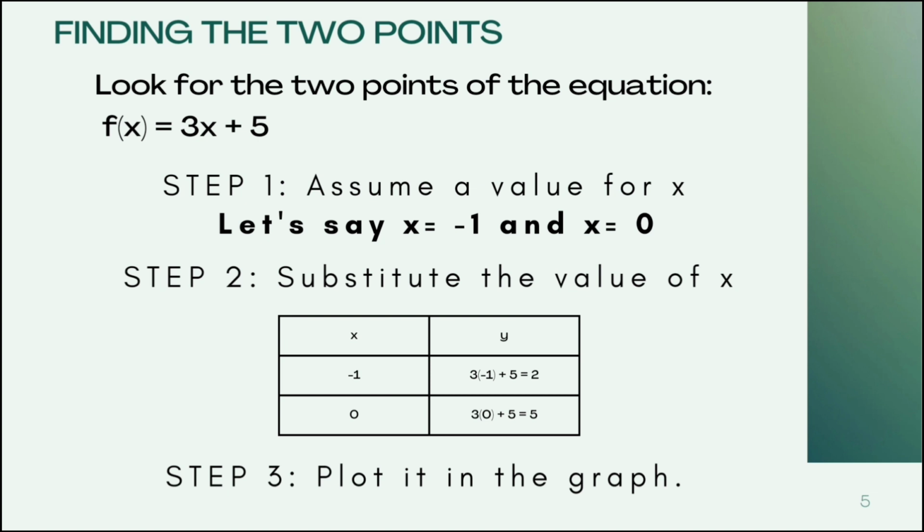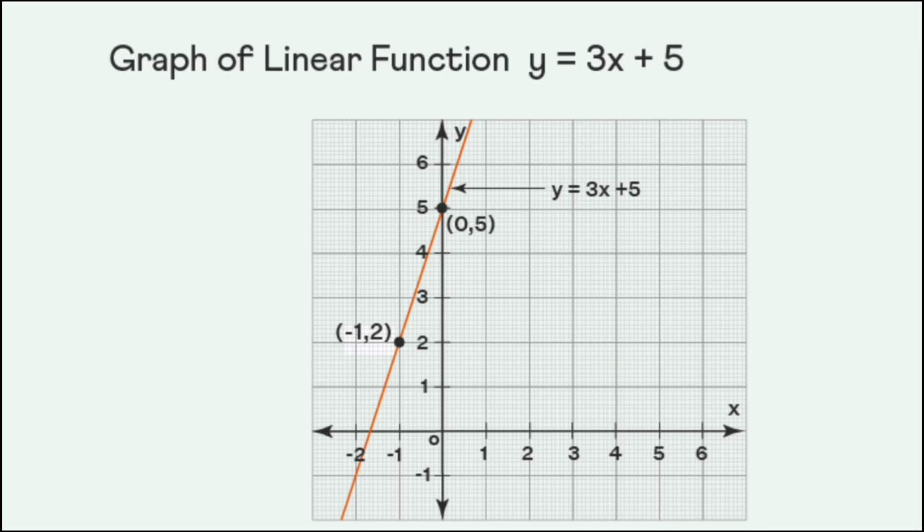If x equals 0, then y equals 3x plus 5. Y equals 3 times 0 plus 5. Y equals 0 plus 5. Y equals 5. Step 3. Plot it in the graph. And that is the graph of the equation f of x equals 3x plus 5.